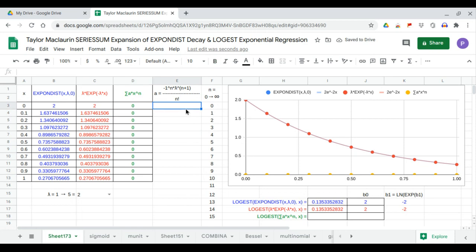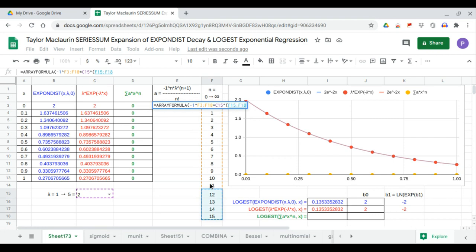Now we calculate the coefficients, which is equal to array formula, starting with numerator, negative 1 to the power n times lambda raised to the power n plus 1.